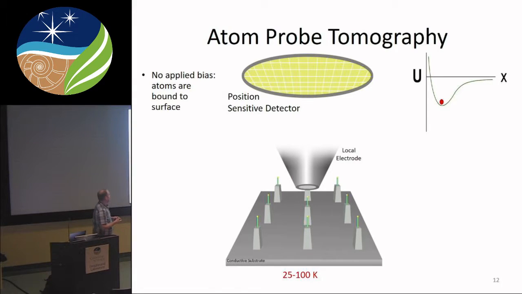For those of you unfamiliar with atom probe tomography, you put your atom probe tip in, and you have a local electrode that applies a potential across it, so it's being attracted, and then you use a laser to sputter off the atoms one by one, where they go to a position-sensitive time-of-flight mass spectrometer.